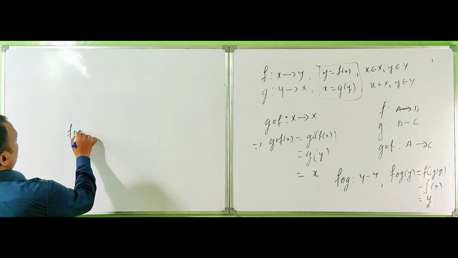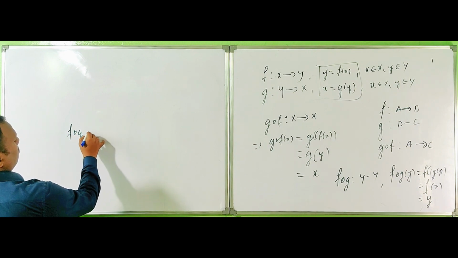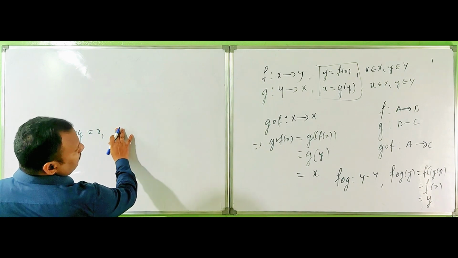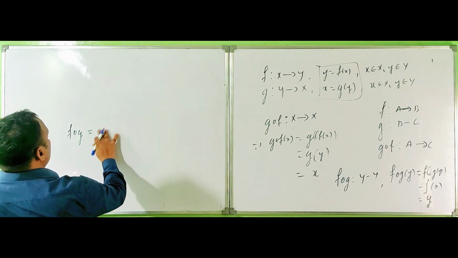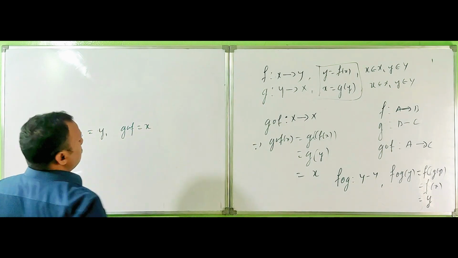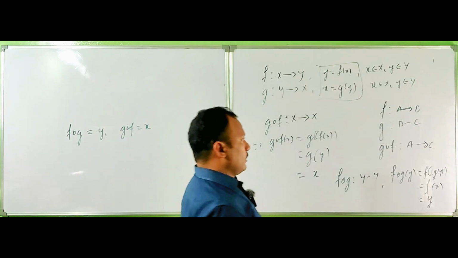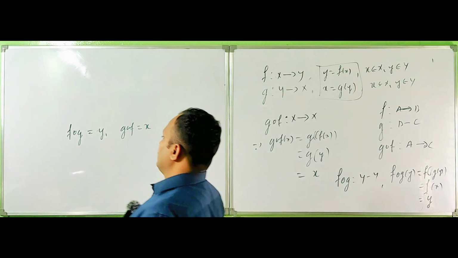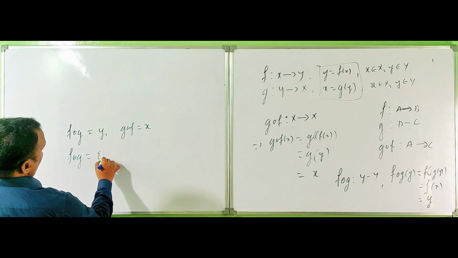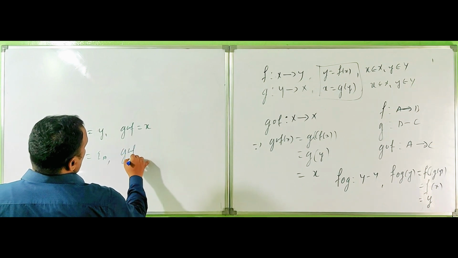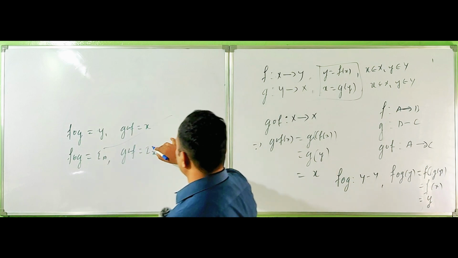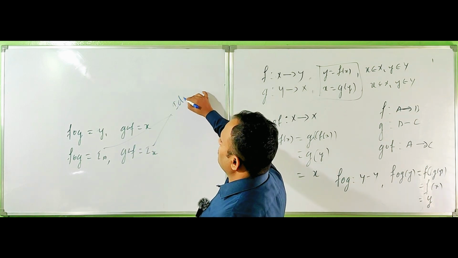What I am getting is this: for g of f I am getting x, for f of g I am getting y. We can write this as f composition g is the identity I_Y and g composition f is the identity I_X, the identity functions.